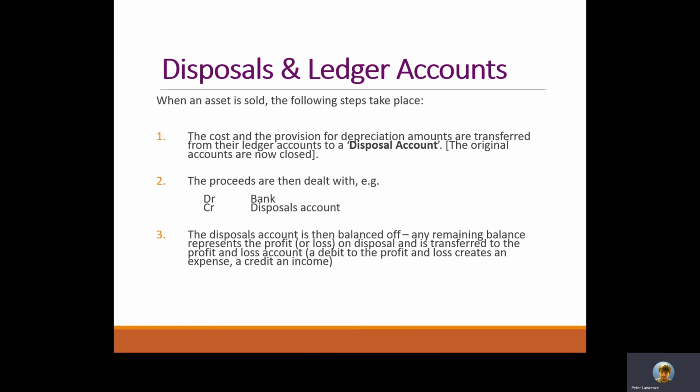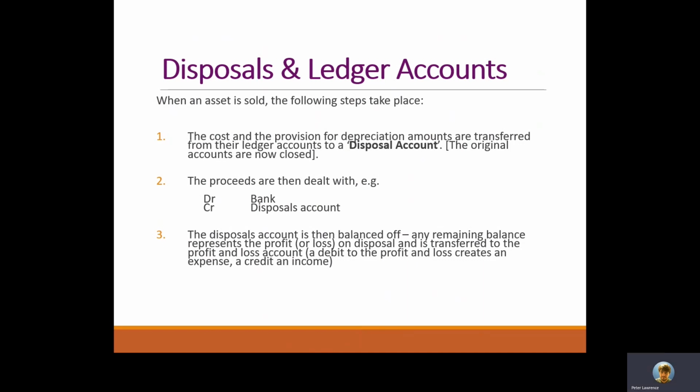So when an asset is sold, the following steps take place. These are the steps that we need to undertake in order to write the item out of the ledgers and record the disposal on the income statement. The cost and the provision for depreciation are transferred from their ledger accounts to a disposal account.